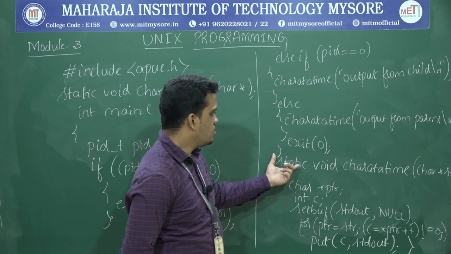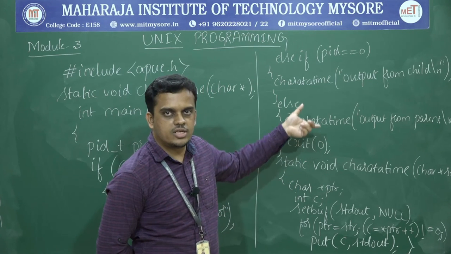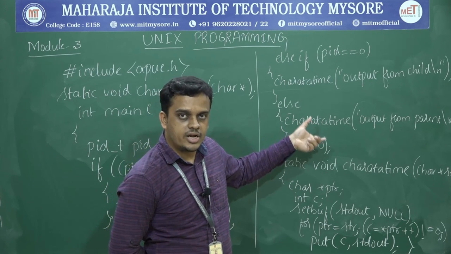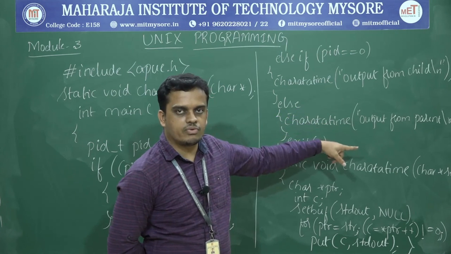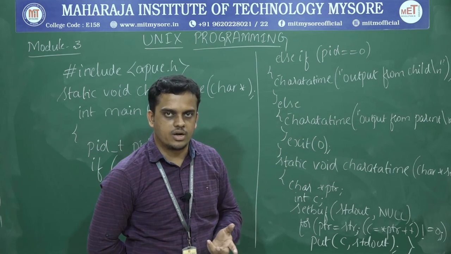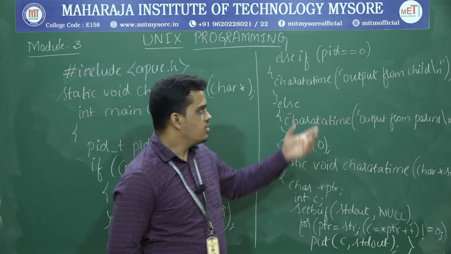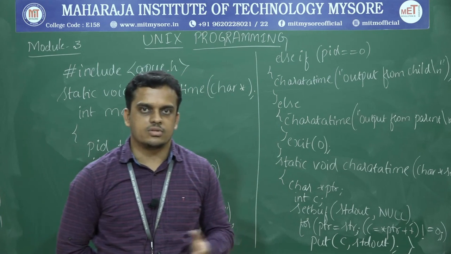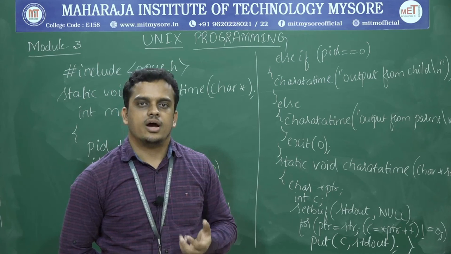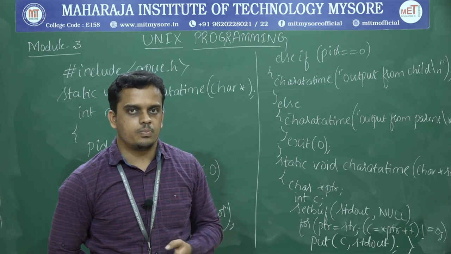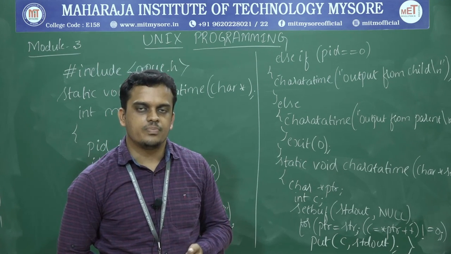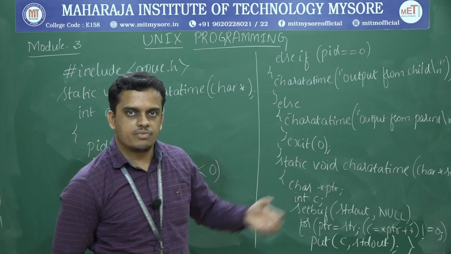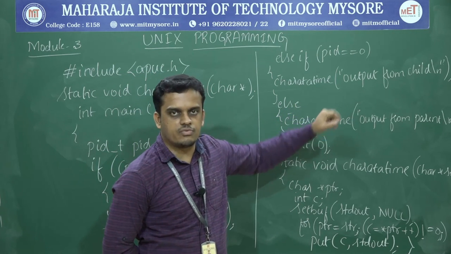Then these two different processes try to print this information to the common standard output. Anyhow, both the parent and child process will execute the same set of instructions, and both will get a chance to execute. When they are given a chance, definitely they will print this information.